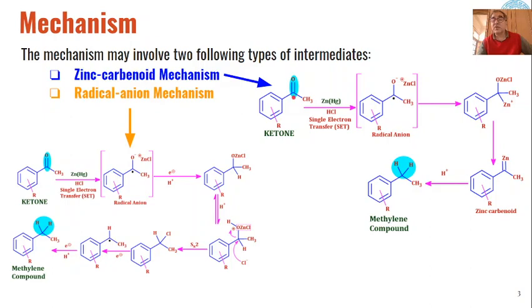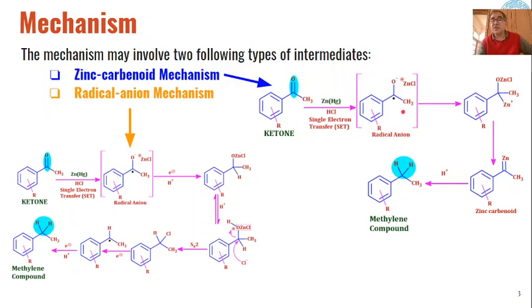When one electron is attached to this oxygen, it creates a negative charge on this oxygen, and ZnCl positive will get attached to this oxygen negative, and this type of radical anion intermediate will be formed.